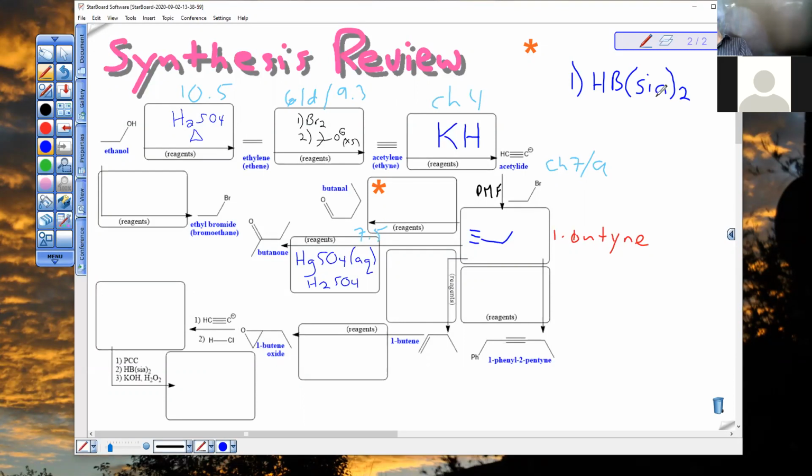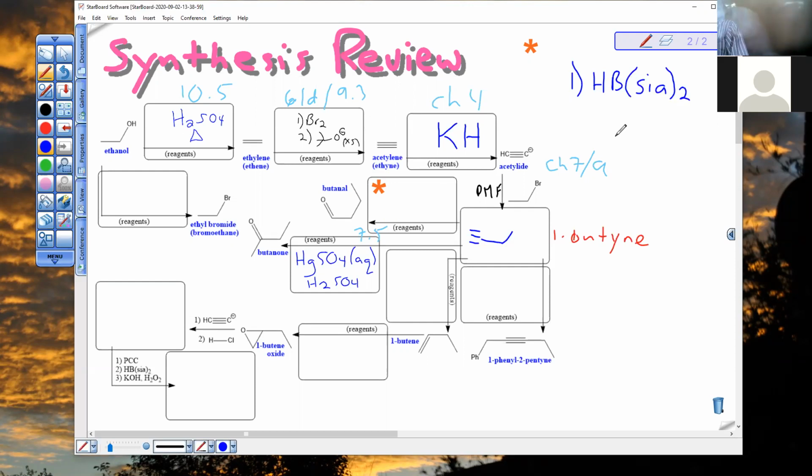So we have di-sec-isoamyl borane, and that puts a hydrogen on the more substituted carbon. And do you remember why? The reason was H is more electronegative than B. Not normal for H, but in this case, 2.1 for H is the electronegativity, 2.0 for boron. So we get an H on the more substituted and a B on the less substituted.